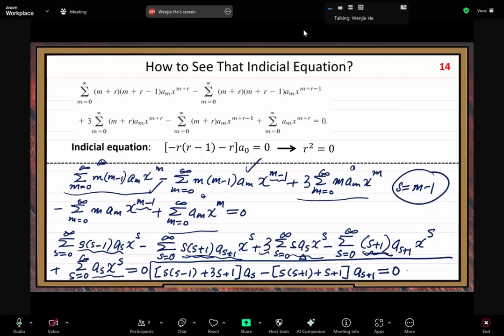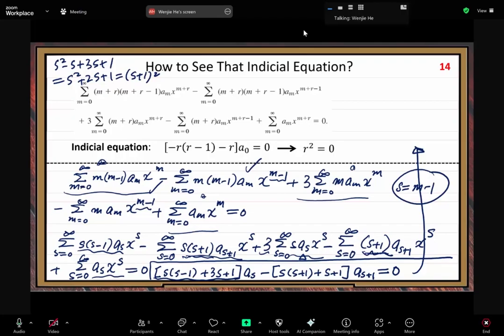Now with that we have simplified, so let's do further simplification here. We need to be very, very careful. S squared minus S plus 3S plus 1. After expansion and cancellation, we get S squared plus 2S plus 1, which is S plus 1 squared.